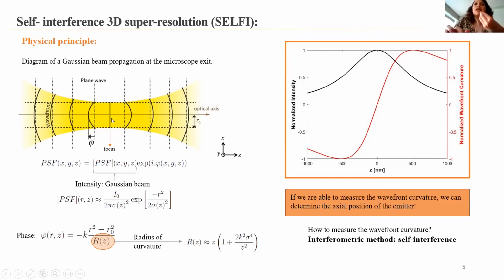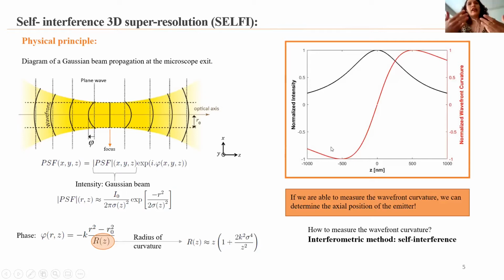So now if my point emitter is not at focus in the microscope, then the light emitted will have a waveform curvature. And this waveform curvature changes in sign depending on the axial position of my emitter.